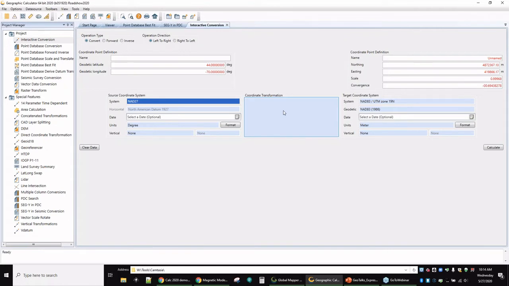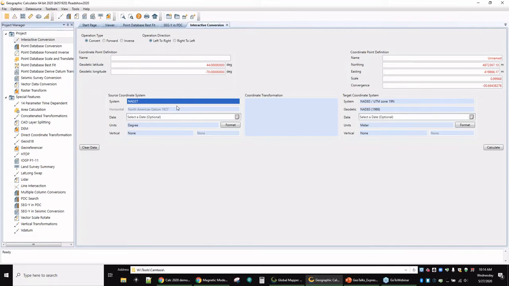Many other software packages have the datum transformation or coordinate transformation associated with the datum itself. So when we select NAD 27 over here on the left, that would already come with a transformation. That is one model of datum transformation called early bound datum transformations. We're going to be talking about that a lot today, but I'm going to move right past that for now. We're going to come back to it later.